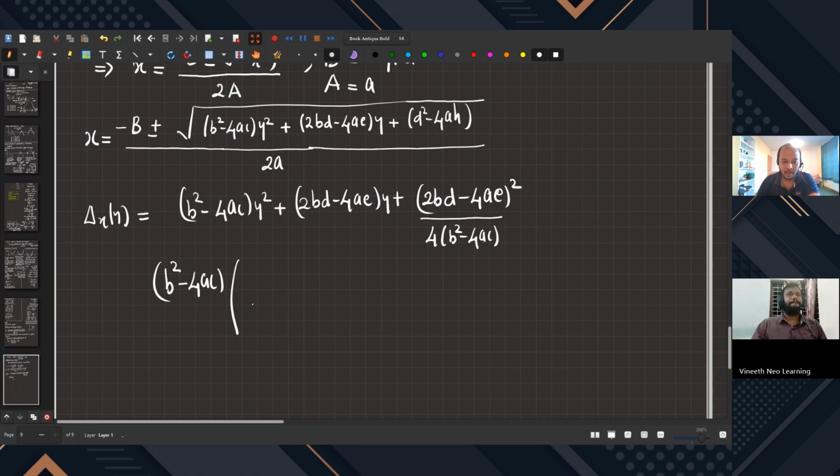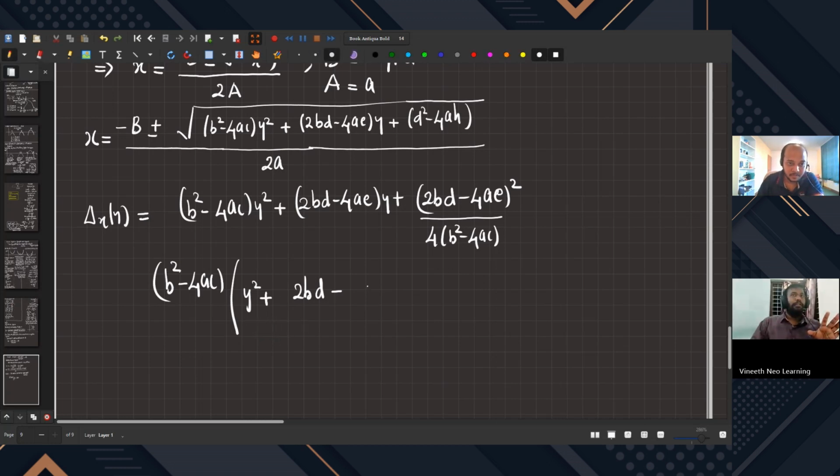If we take b squared minus 4ac out of the first term, we are left with y squared.